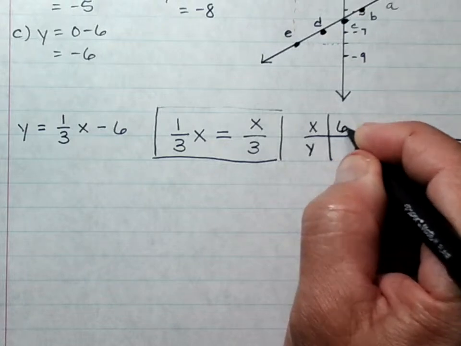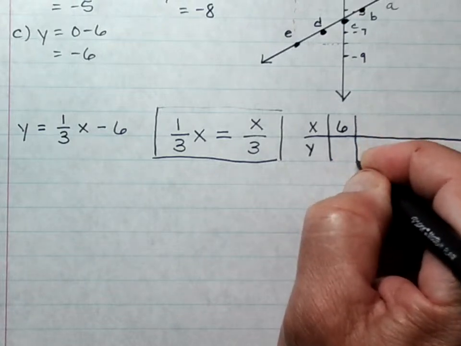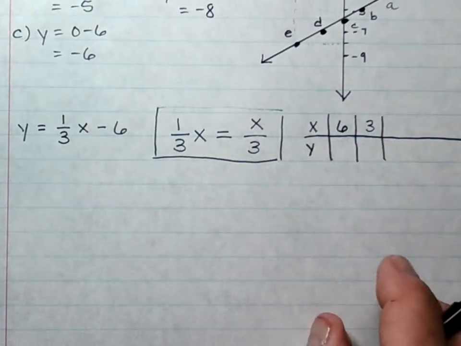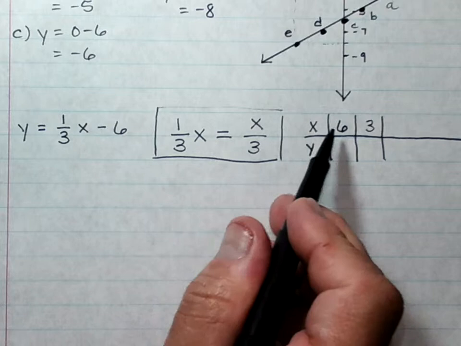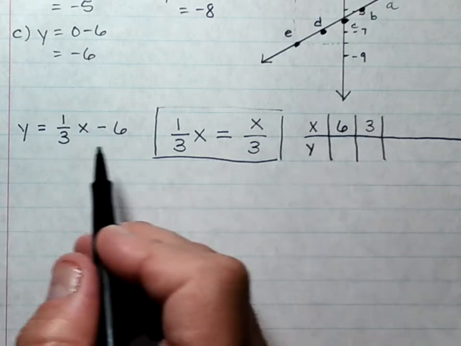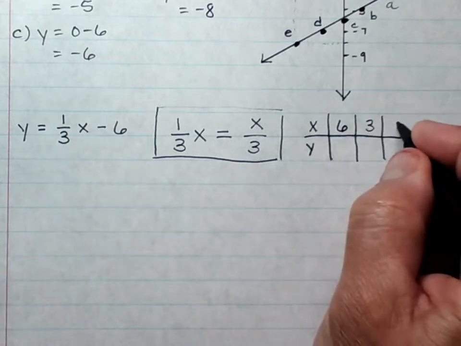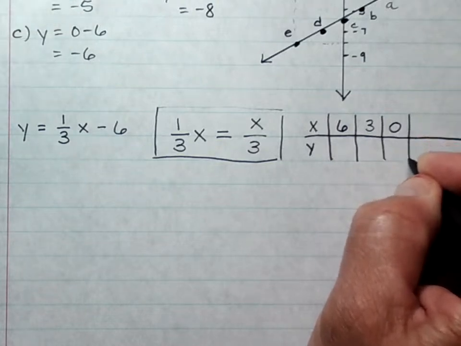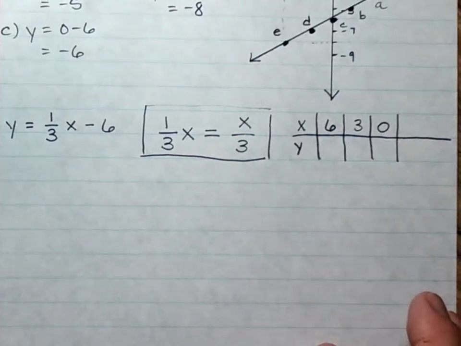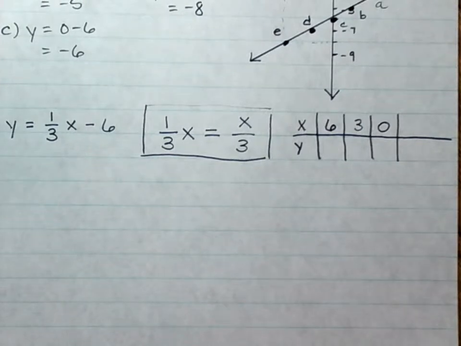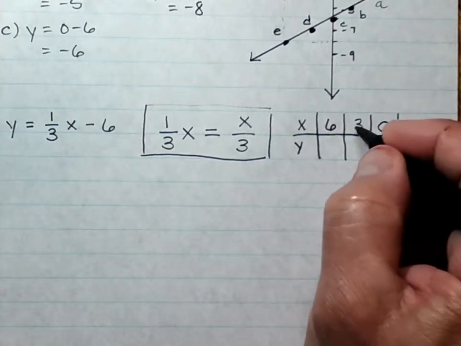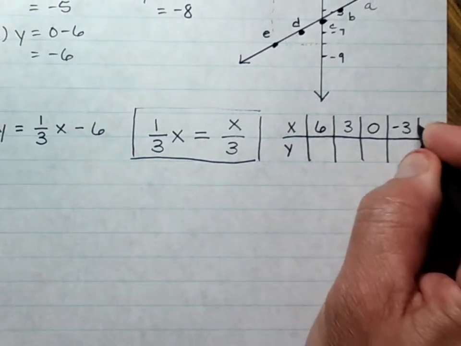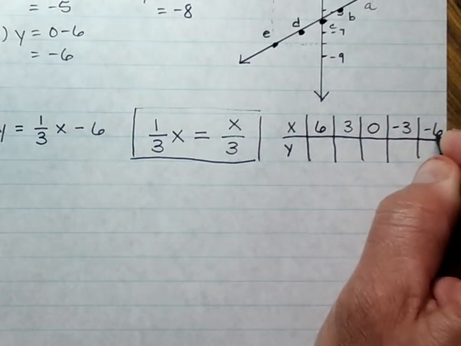We should pick numbers that are multiples of the denominator. So 6 is a multiple of 3, 3 is a multiple of 3. Of course, we'll use 0, even though that is not a multiple, but we should like to use 0 because it's easy to multiply with. And then we'll put the negatives of 3 and 6. So here's negative 3 and negative 6.